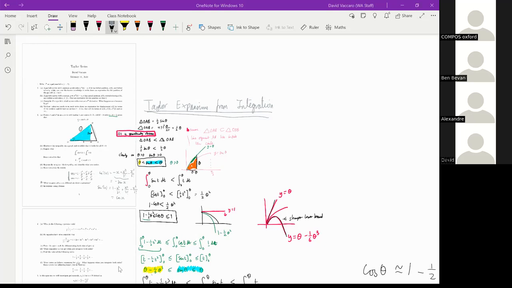Right. The next question we're going to look at is new Taylor expansions from old ones. So if you've got one Taylor expansion, how can you manipulate it to get new Taylor expansions?